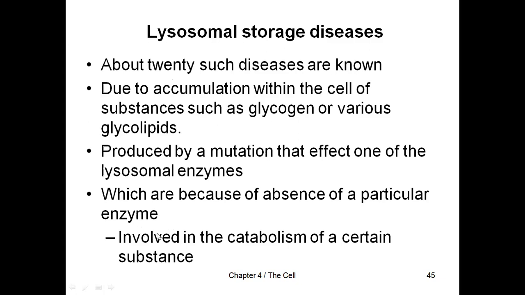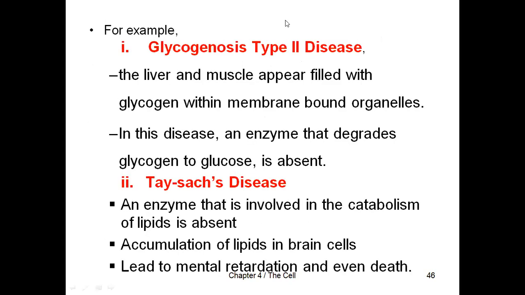Okay, and those enzymes are involved in the digestion of that substance. For example, as I told you, कि substance A है, substance A के साथ enzyme A नहीं होगा, फिर क्या होगा? Substance A जमा होगा, और जब substance A जमा होगा तो फिर क्या होगा? मसला हो जाएगा, ठीक है. Now this is a disease that is not present in your book, but you write it down.